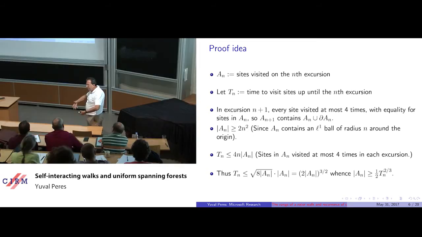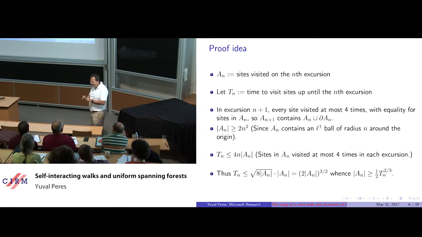And at the end of the previous excursion, all the nodes in A_n have paths leading towards the origin. So the edges here, when a particle leaves a vertex, the rotor is in the direction that the particle left. So at the end of the excursion, the rotors create a spanning tree pointing to the origin.